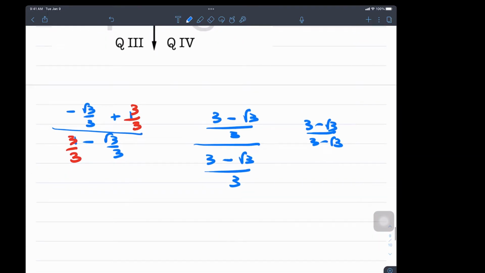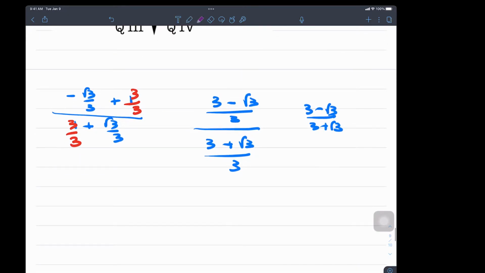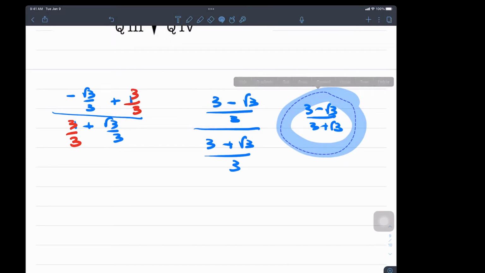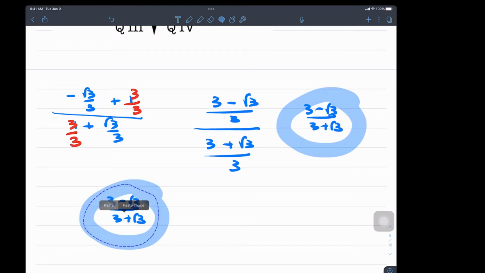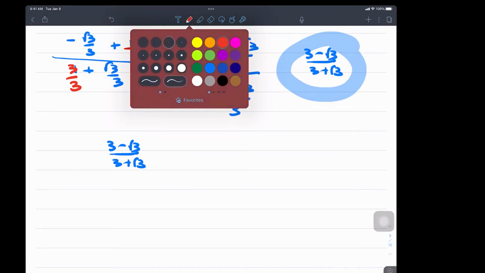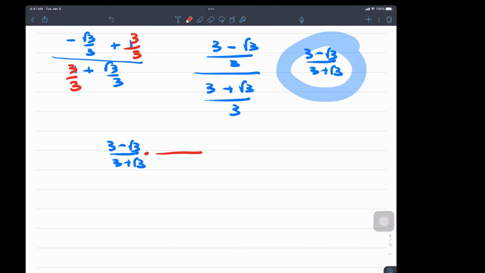Okay. So again, we can say 3 minus the square root of 3 over, right? Nine.